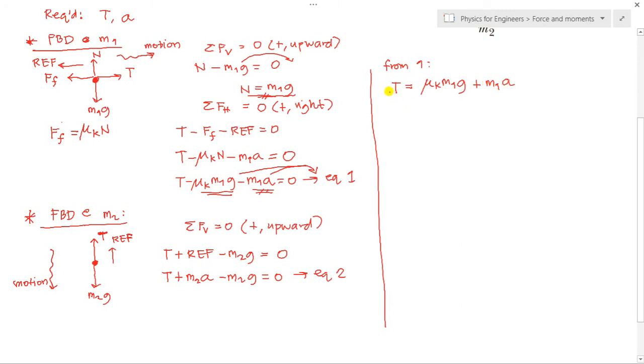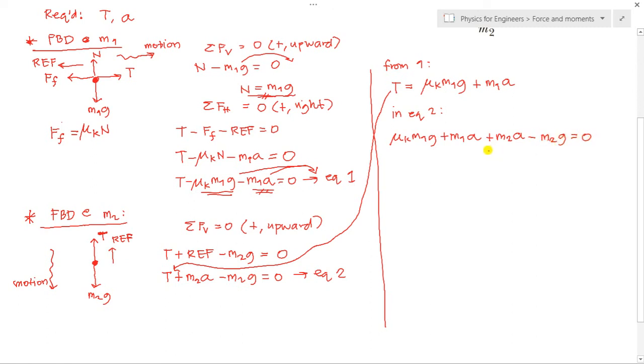So I can use this T value and substitute it into the T of equation 2. So in equation 2, T now would be mu k mass 1 G plus mass 1 A, then plus mass 2 A. I hope you followed, I just substituted. Then minus mass 2 G is equal to 0.